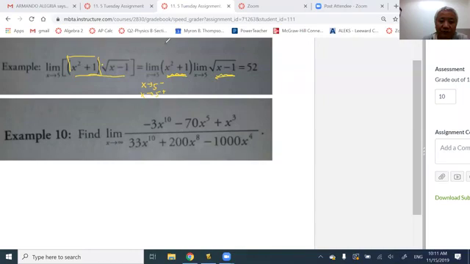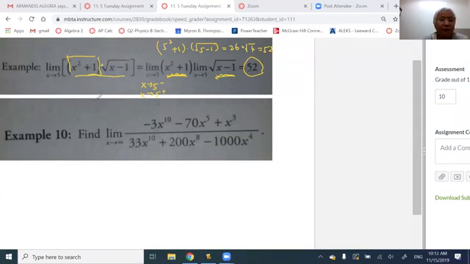So you simply go 5 squared plus 1, times the square root of 5 minus 1. That's 25 plus 1 is 26, times the square root of 4. The square root of 4 is 2, and 2 times 26 equals 52. That's the answer. For this one, just simply use the property of limits and separate them first.